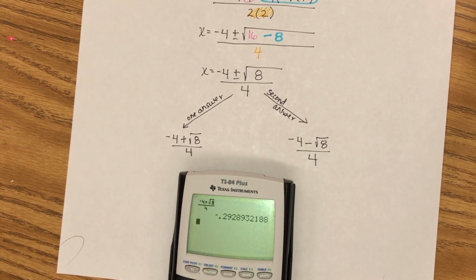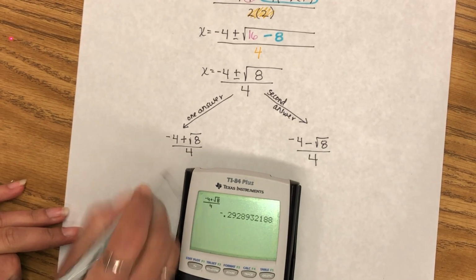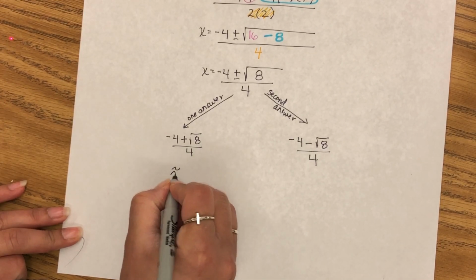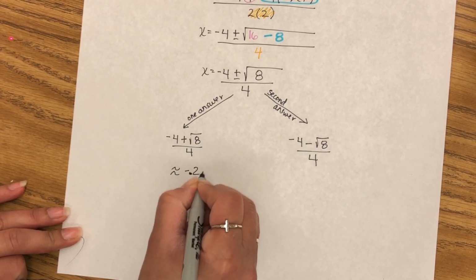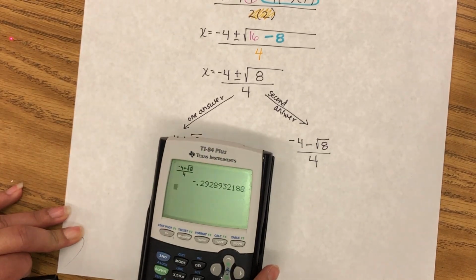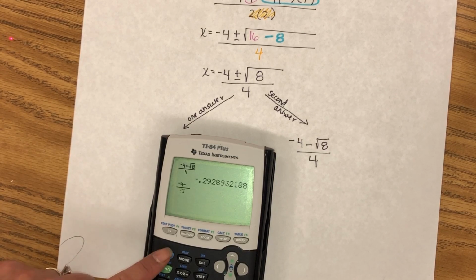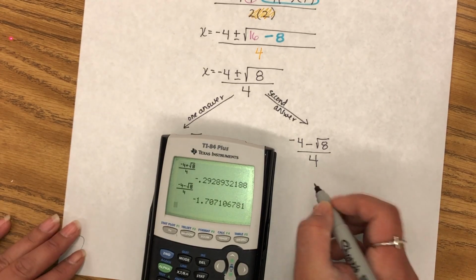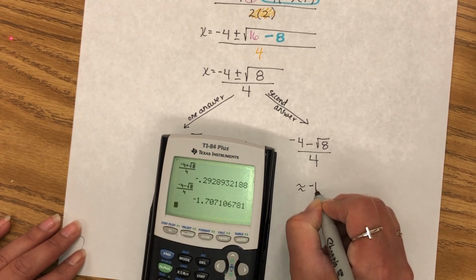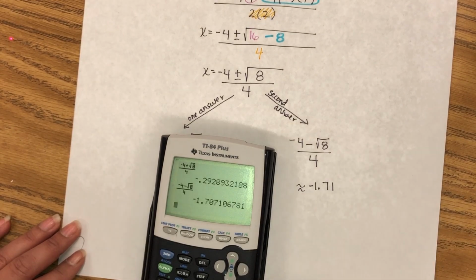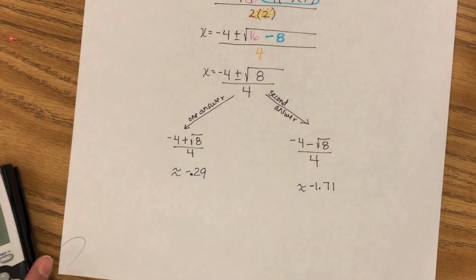This is about negative 0.29. And then over here, I'll do the same thing. Alpha y equals enter. Negative 4 minus the square root of 8 over 4. And this is about negative 1.71. So there are my two roots.